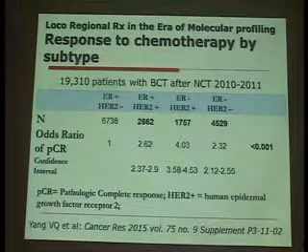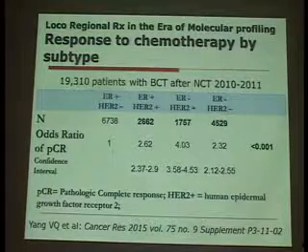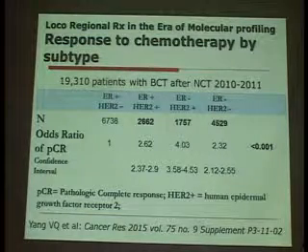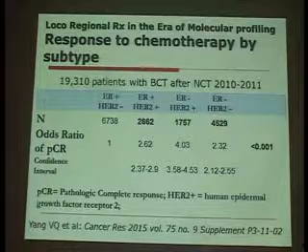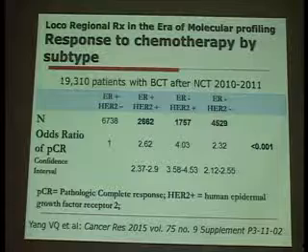Now, this is a review looking at the experience of the United States using the National Cancer Database between 2010 to 2011, approximately 20,000 patients who had neoadjuvant chemotherapy.